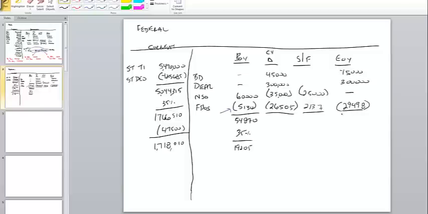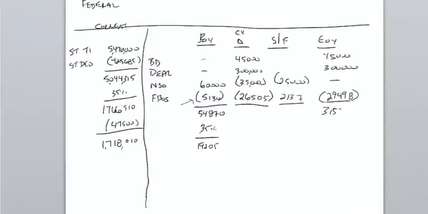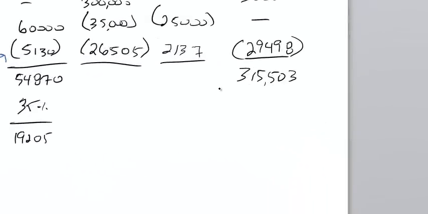It's off by $1 rounding, but otherwise it's exactly the same. Okay, and so then if I add up those numbers, that's 315,503, and 35% of that is 110,426. Okay, and now let's just start filling in the math here.